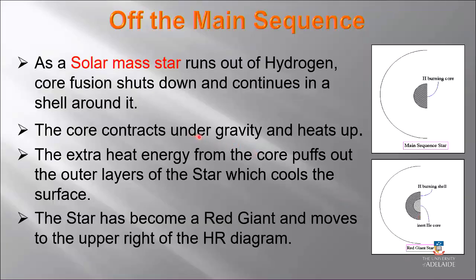Now the core contracts under gravity and heats up, and this also adds extra heat to the reaction. When this happens, the star moves off the main sequence and moves up to the upper right of the HR diagram to where we saw the red giants before.